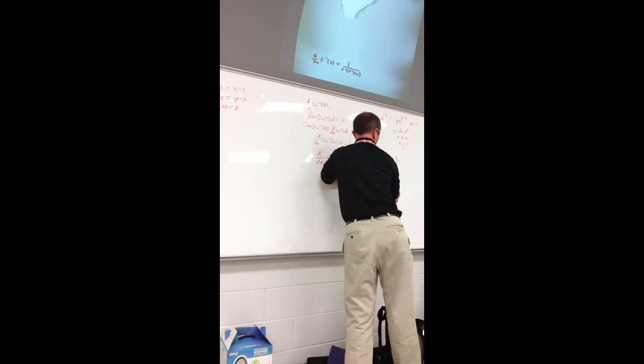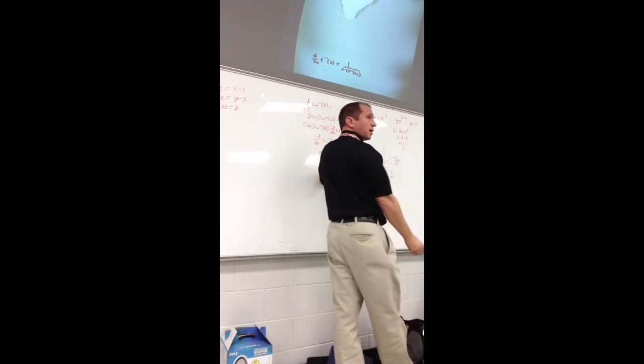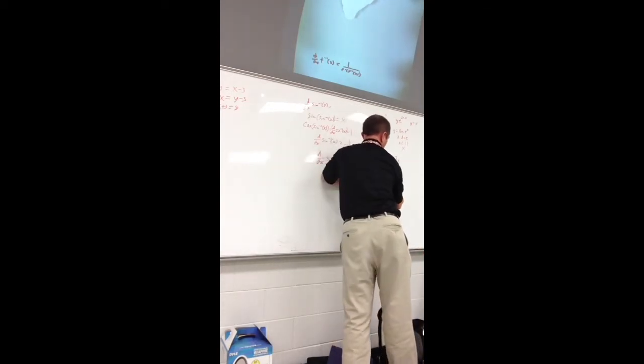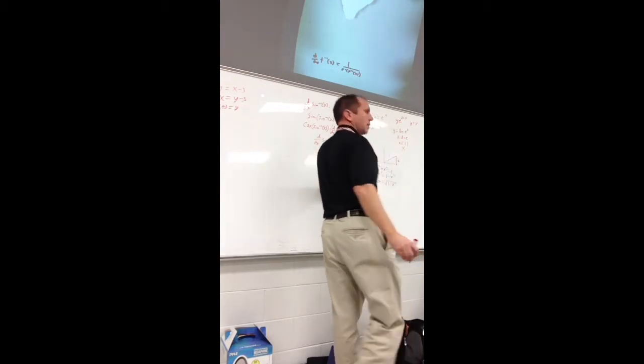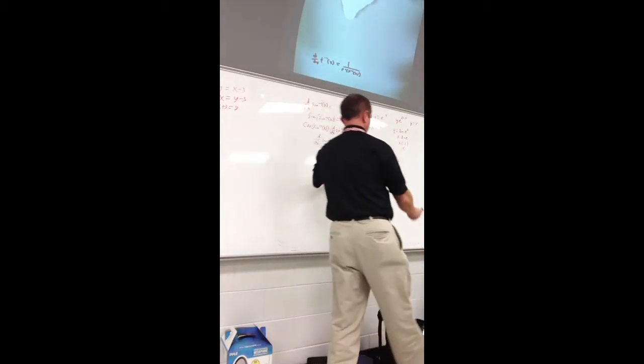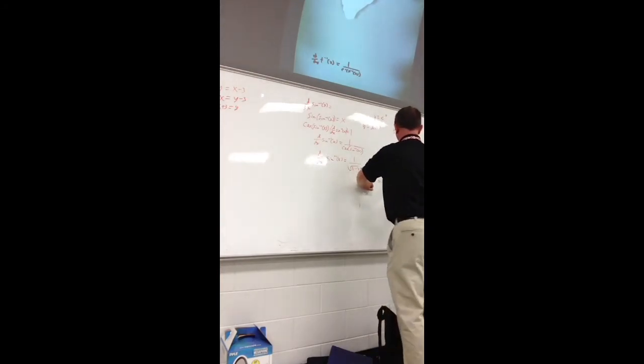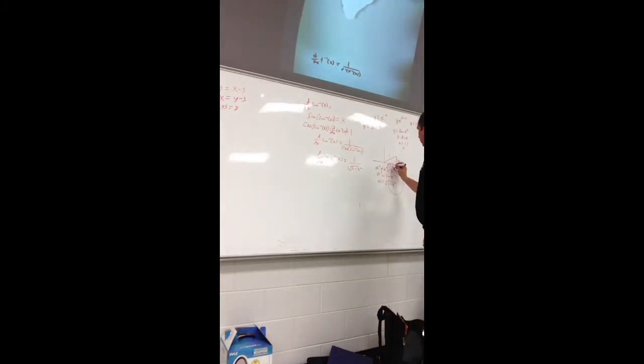So a squared equals 1 minus x squared. So a is going to be, it's on the right-hand side of the y-axis, so it's going to be the positive square root of 1 minus x squared. So this side here has a length of the square root of 1 minus x squared. Are we good here? Alright.